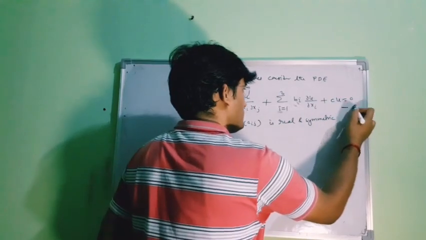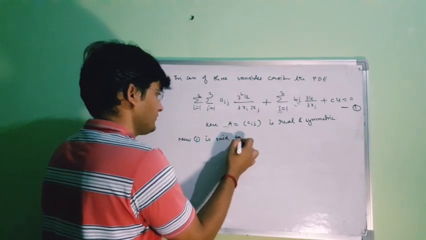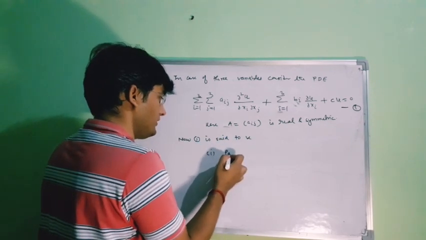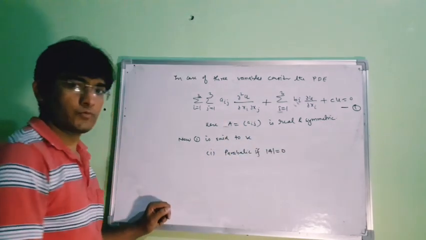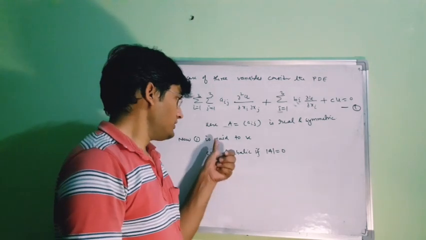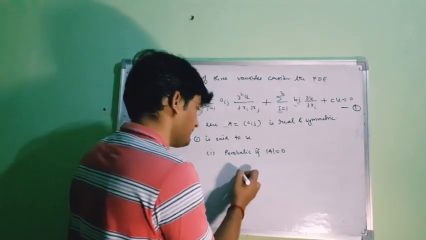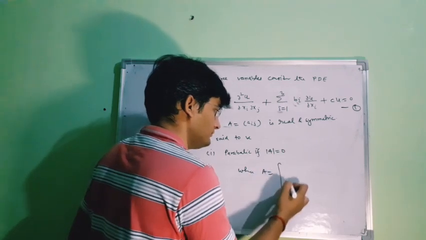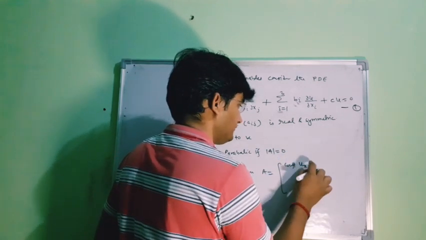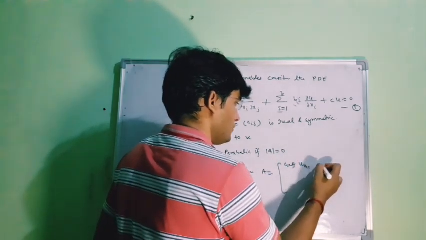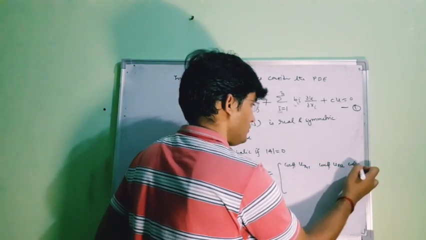Now this partial differential equation 1 is said to be parabolic if the determinant of A is 0, where A will be the coefficient of ux1x1, then the coefficient of ux1x2, the coefficient of ux1x3.